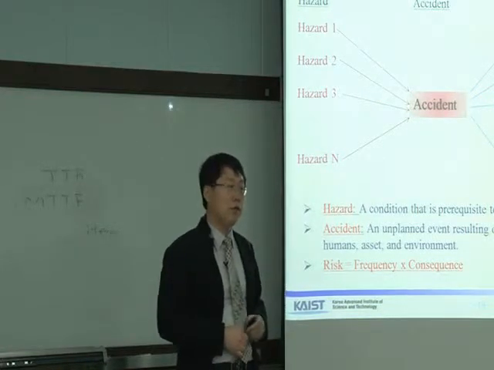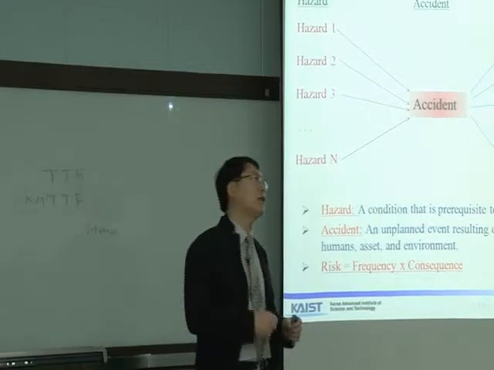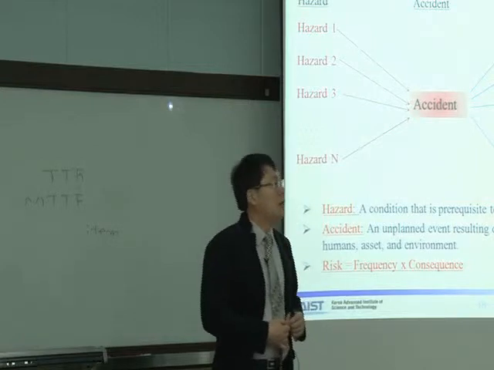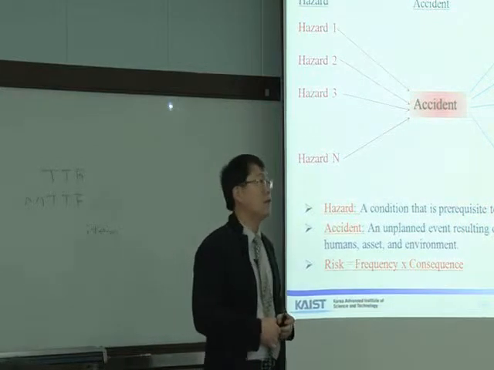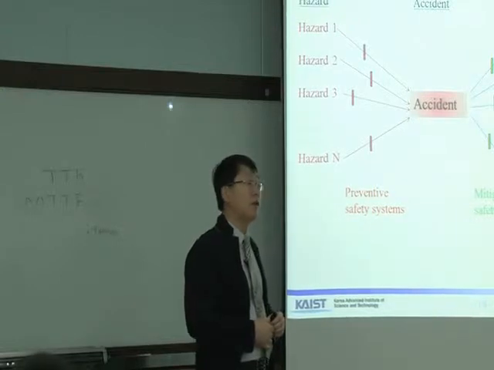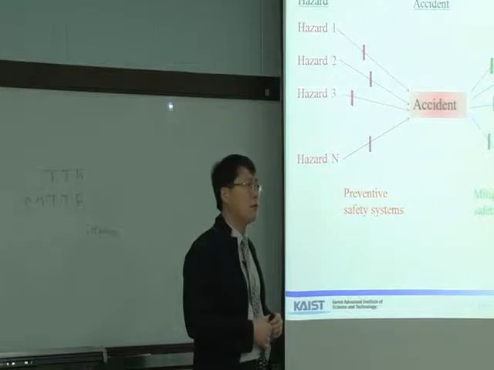Now you are very familiar with this figure. We have a hazard, and the hazard will cause an accident, and the accident will have many consequences. And we have safety systems. One is preventive safety systems. The other category is mitigating safety systems.